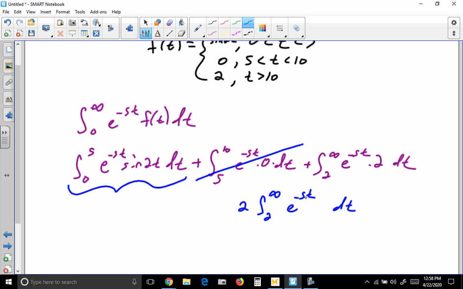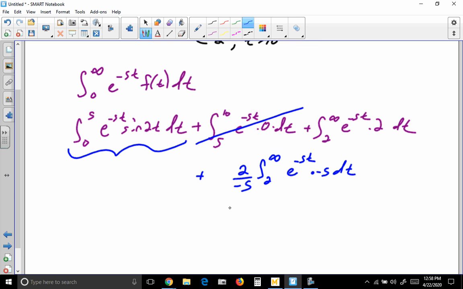So the derivative of u is negative s times dt, so we need a negative s on the bottom there. And then we would integrate that. So we could call that 2 over negative s. The integral of e to the u du is e to the u, and we're going to evaluate that from 10 to infinity.